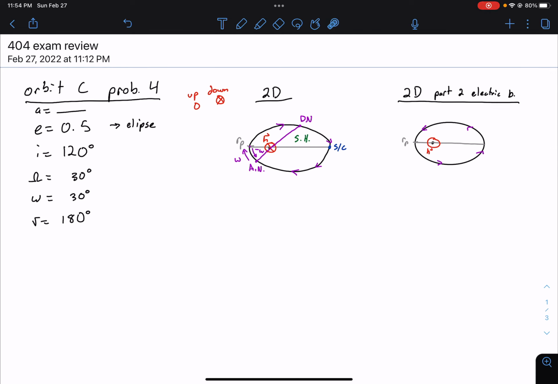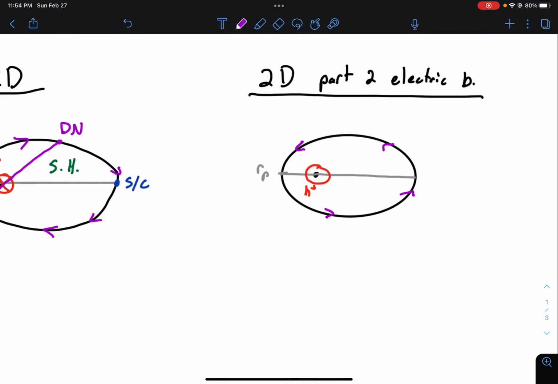All right, so now that we have our circle drawn, let's go ahead and draw on our small omega.